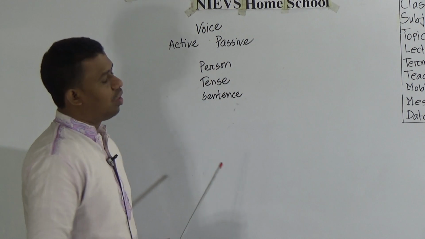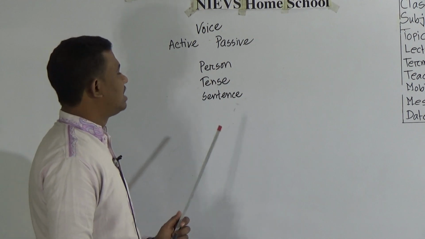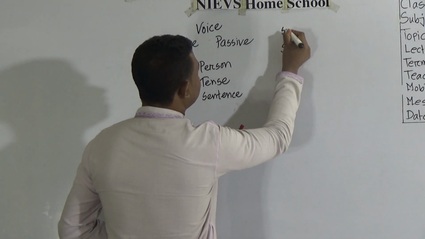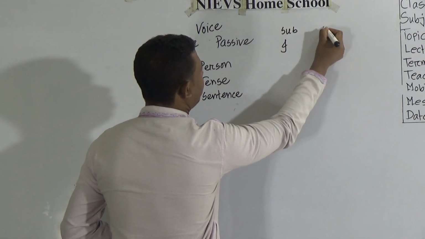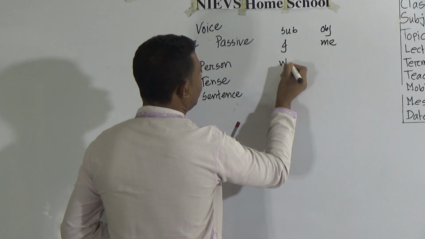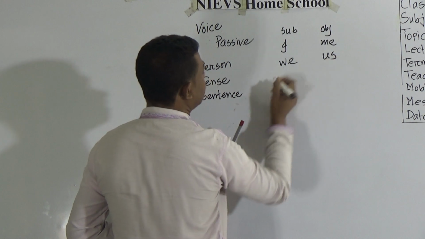Okay, and in first person we get I and we. So I has an objective form. I's objective form is me. I, its subjective form, objective form me. Then we, us.